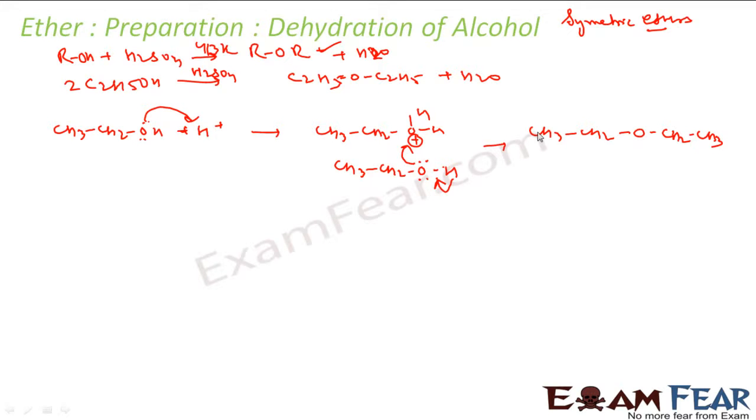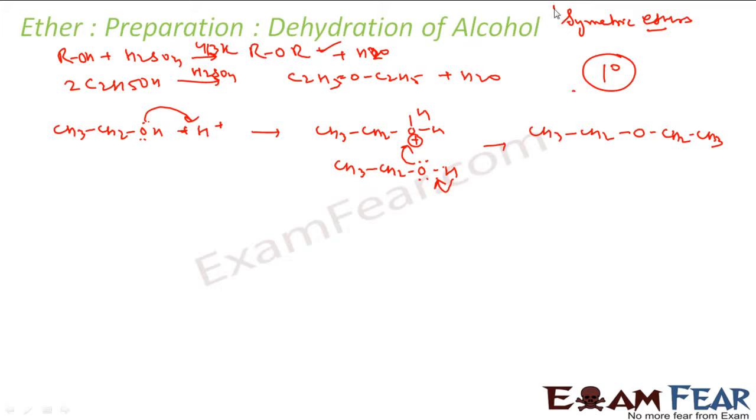There's a limitation, it is only for primary alcohol. Why? Because for secondary and tertiary alcohol, if we are not able to maintain the temperature, you may get alkene. Only for 1 degree alcohol, and only for symmetrical ethers.